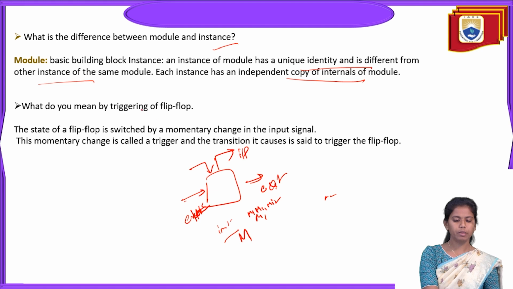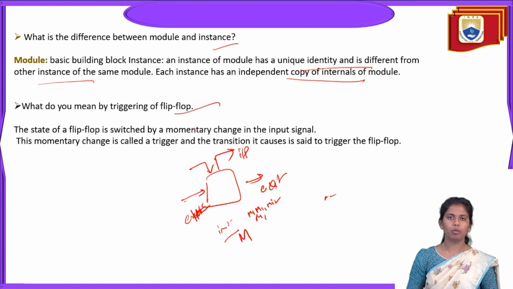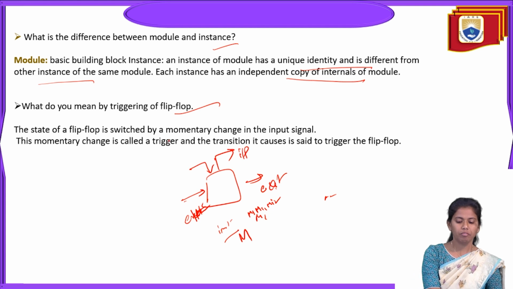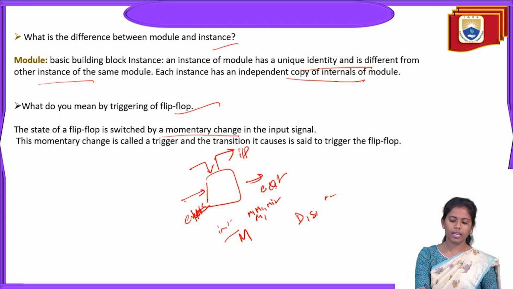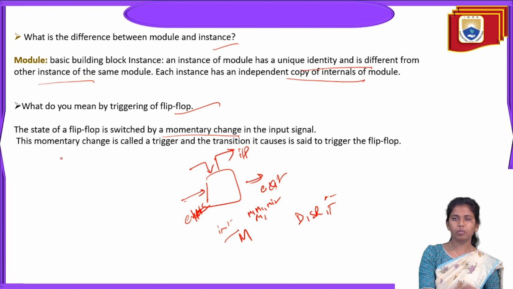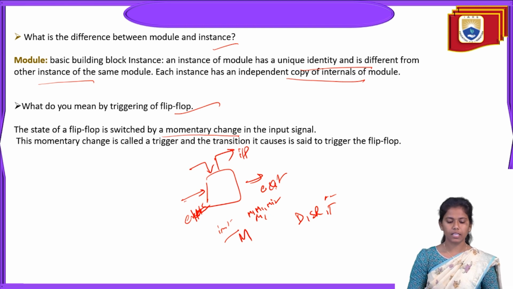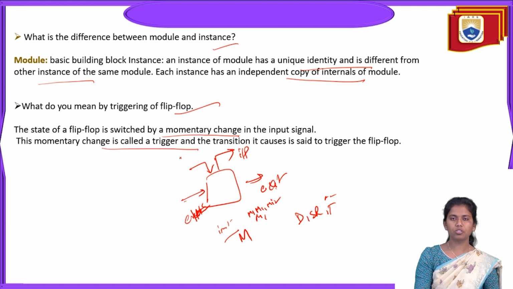Then what is meant by triggering a flip-flop? Triggering is nothing but switching. A flip-flop is switched by a momentary change in the input signal. We know that we have different types of flip-flops: D, S-R, T, right? So the flip-flop switches momentarily between the input signals. The momentary change is called the trigger.